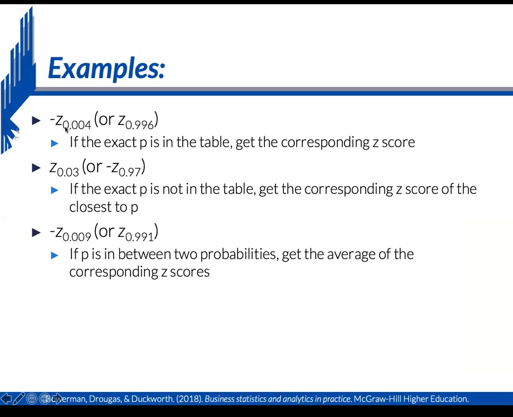So we have negative z sub 0.004, or a z-score with an area of 0.004 to its left. Technically, again, this is the same as a z-score whose area to its right is 0.996. But again, the norm is to represent it using this notation because the subscript here is less than 0.5. So like what we did earlier, just look for 0.004 in the table and you will find the value of z.